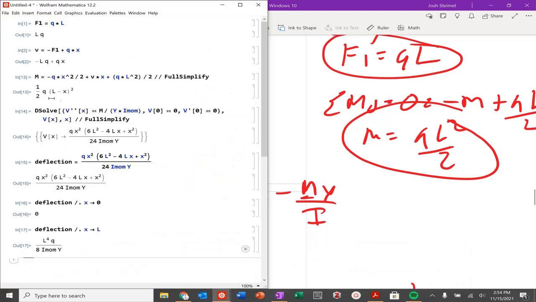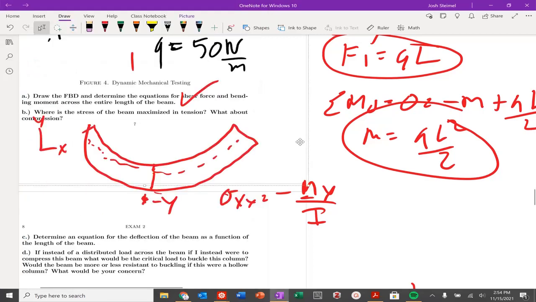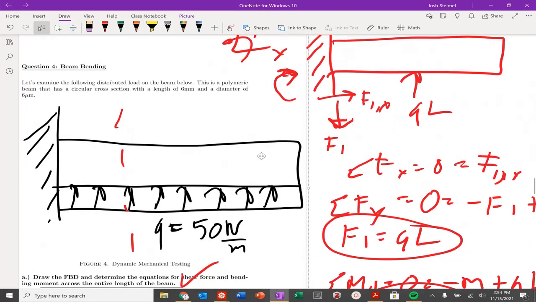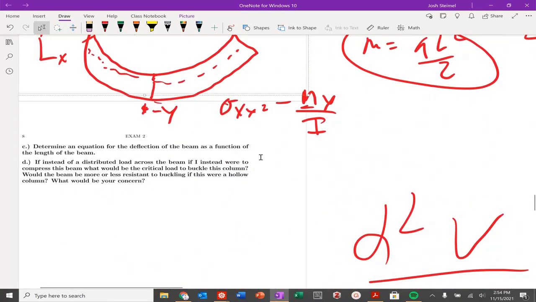So actually, we could take this equation here, the derivative of M with respect to x. Let's solve where this is equal to 0 in terms of x. So again, we see that at x equals L, there you're going to have that value. So you can go ahead and see where that moment is going to be maximized, and then we can calculate those values out.